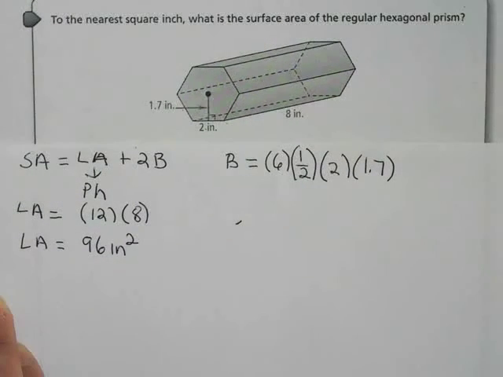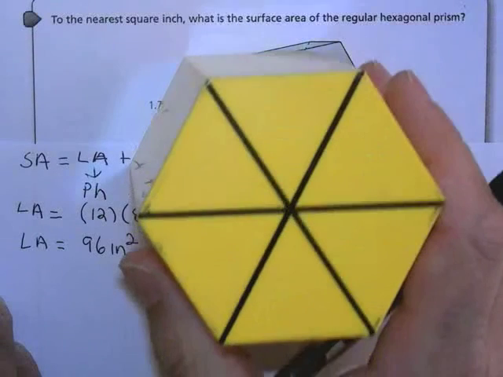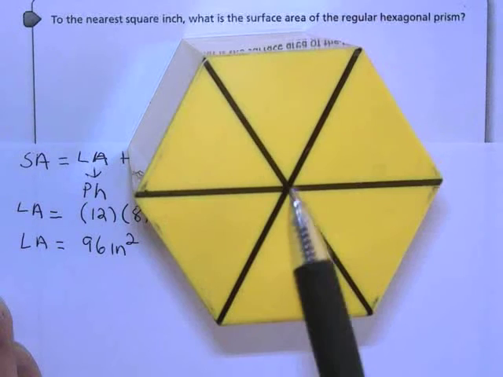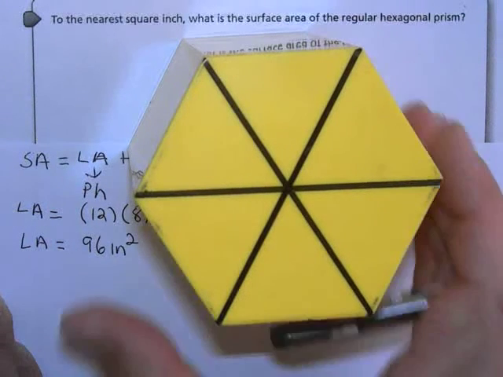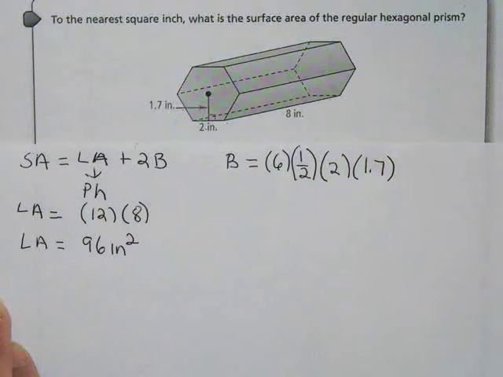Just to be clear, let's imagine that the distance from here to here is 1.7, and the distance from here to here is 2, and I've got 6 triangles like that.